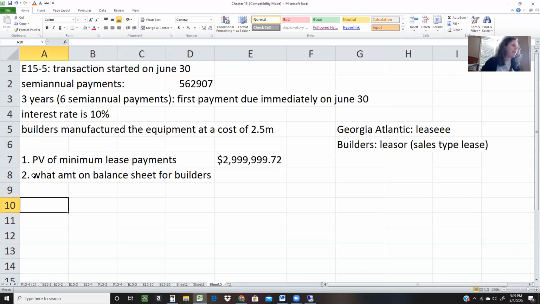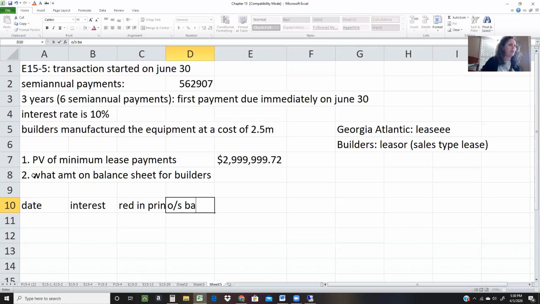So let's go ahead and build our amortization table real quick. So payment date, this one's date, this one's interest, this one's principal. And this is the outstanding balance. I missed a payment. I knew I was missing one.